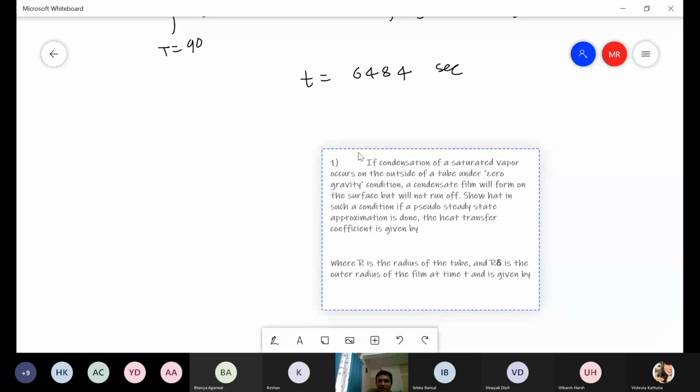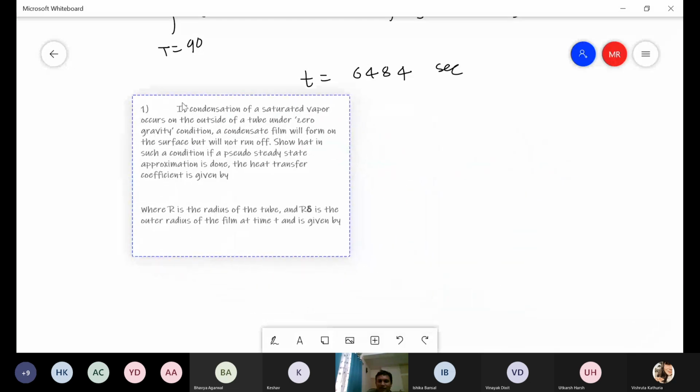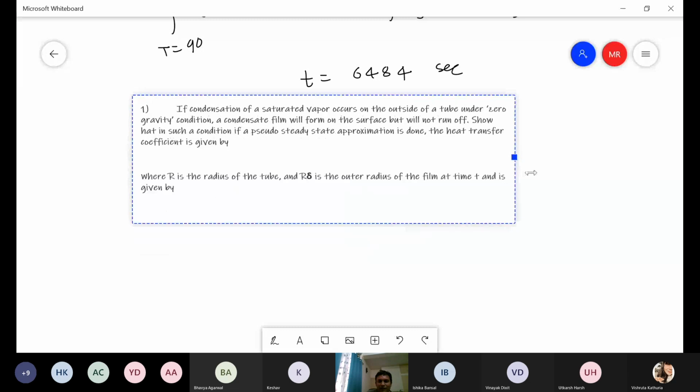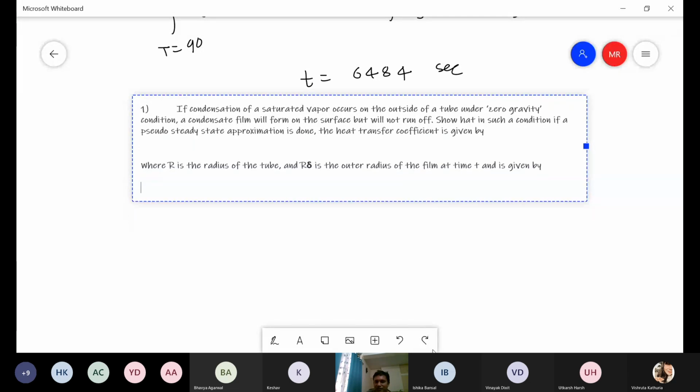Let me check if I can download the equations here.